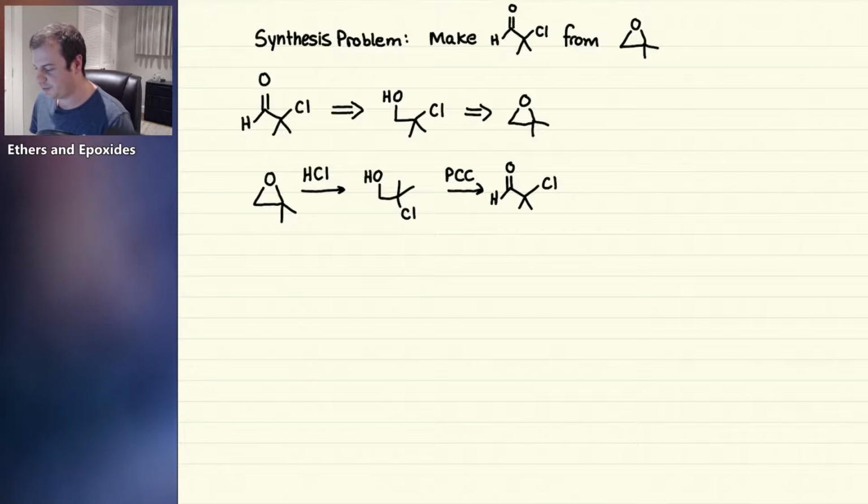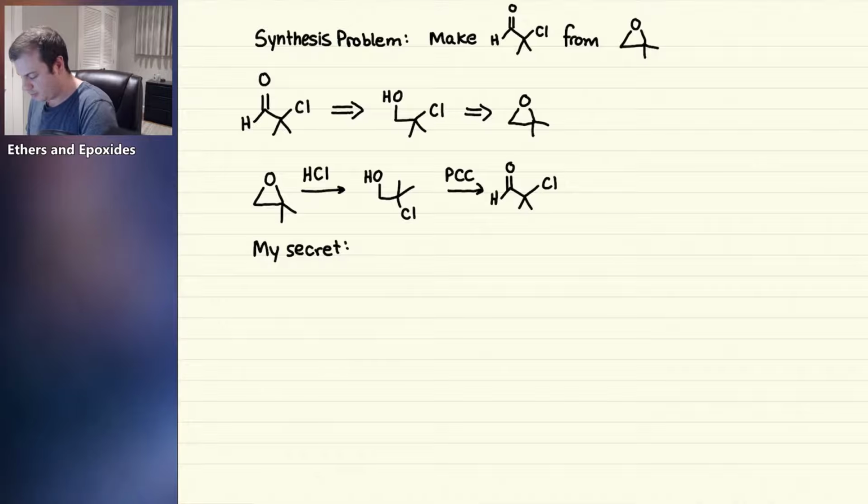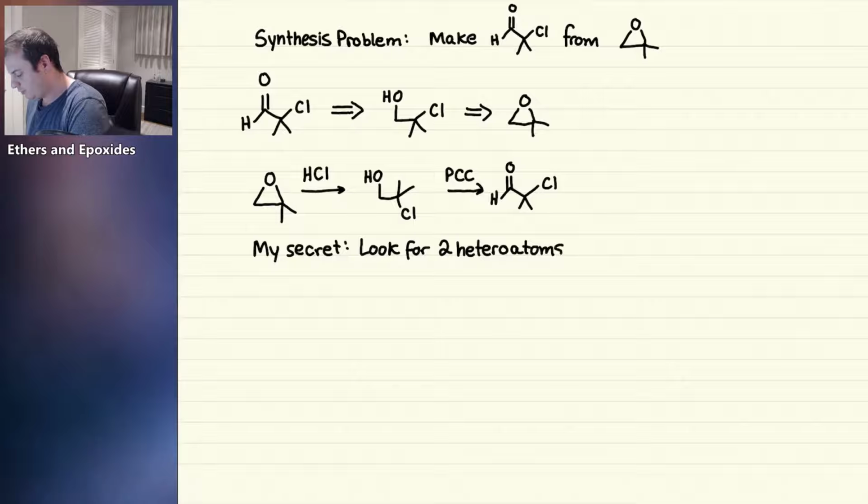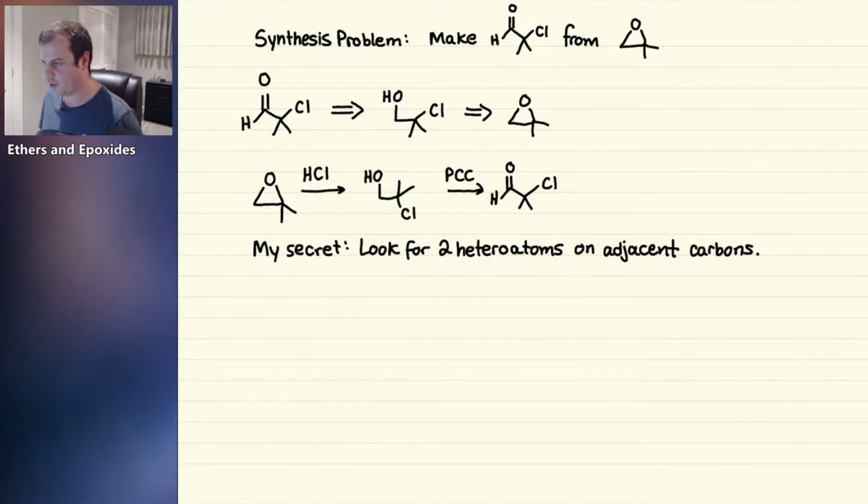Typically, it's pretty easy to spot when epoxides are used in synthesis problems, and so my secret is to look for two heteroatoms on adjacent carbons. So this is my secret. Look for two heteroatoms on adjacent carbons.